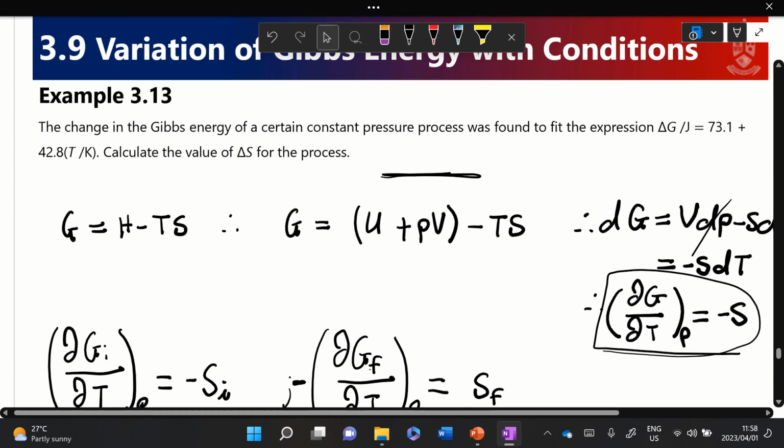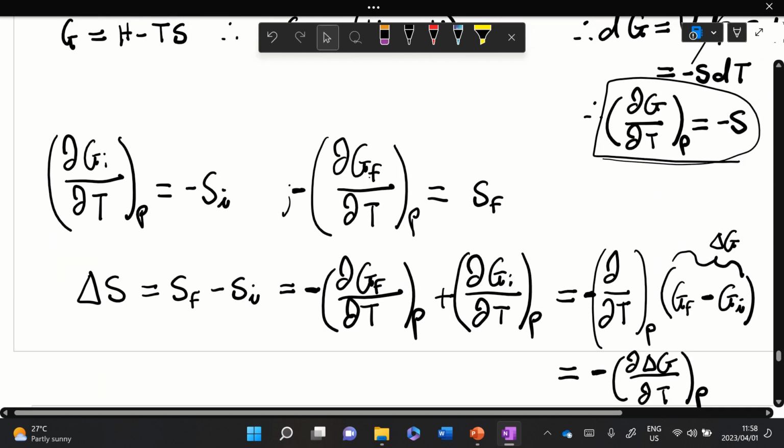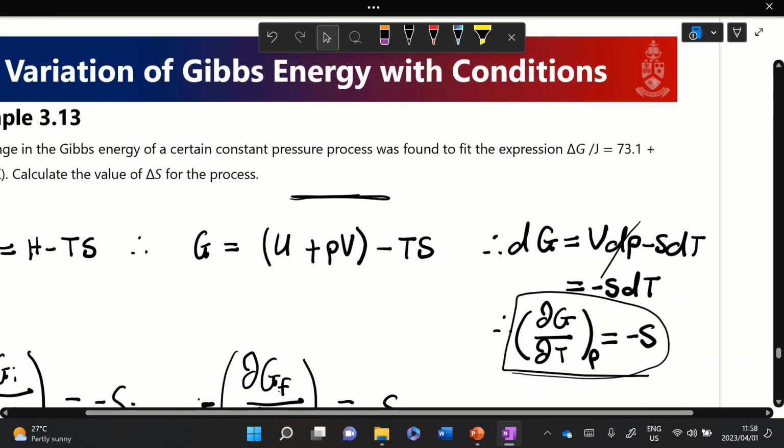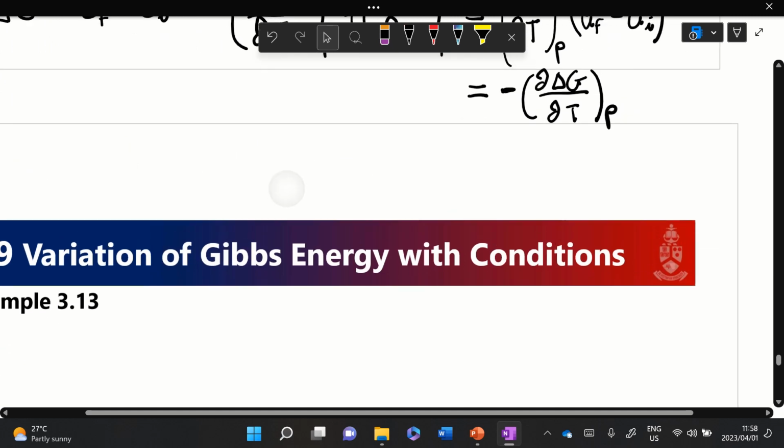We're given a function at constant pressure for the change in Gibbs energy, right? And that is equal to the change in entropy. So we just need to plug this into there.